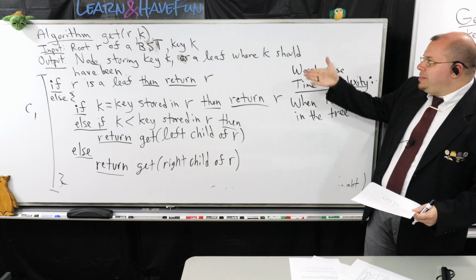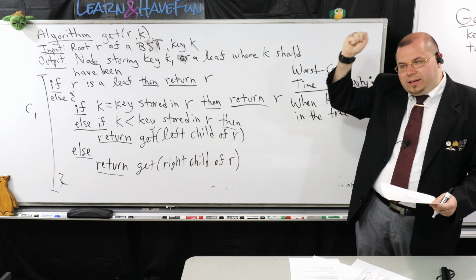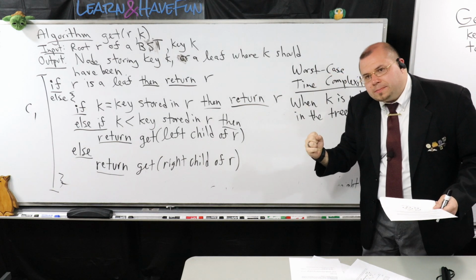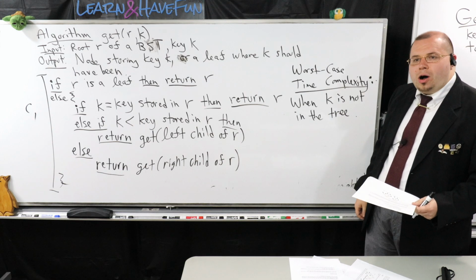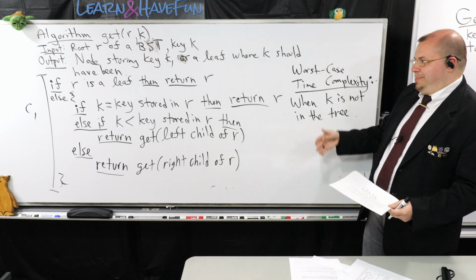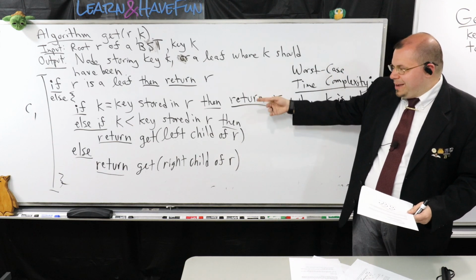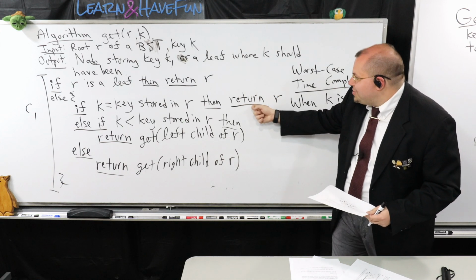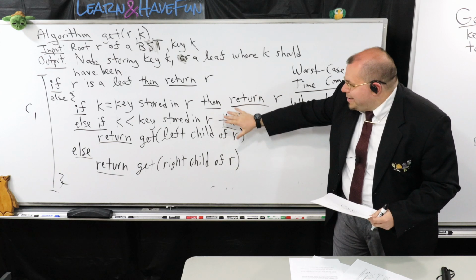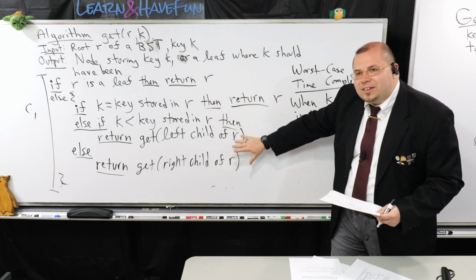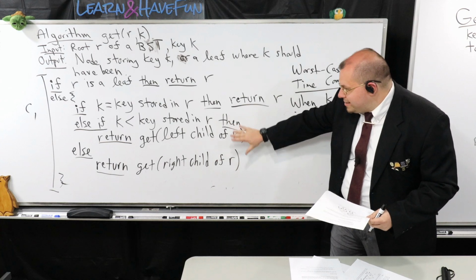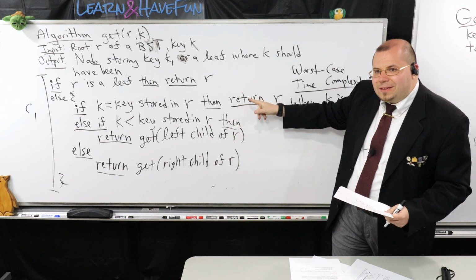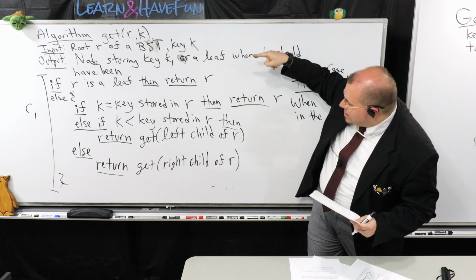So we start off with the initial call on get, say at the root, and then we work our way down. Now, at what call does this thing just give up? Is it the recursive case, or is it going to be one of these two? In fact, it's going to be the base case, but specifically it's going to be this one.